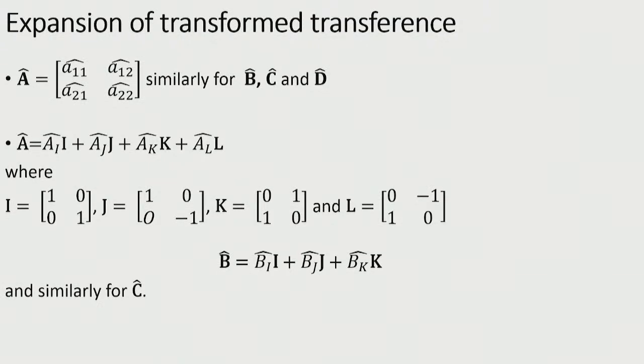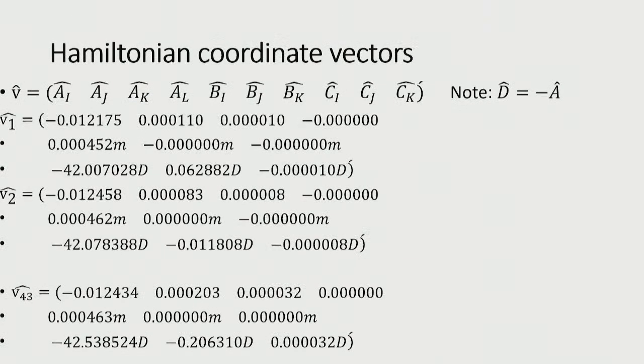And this is just a representation of how the A with the hat on top comes about, more mathematically. Sometimes, when we convert into the Hamiltonian matrix, we can also work in a vector way.